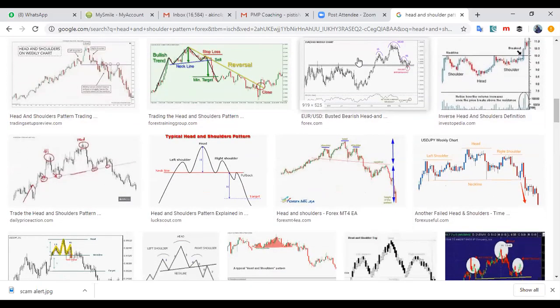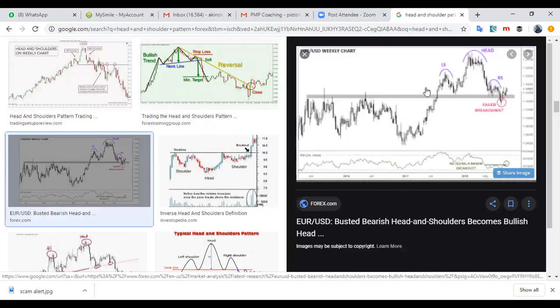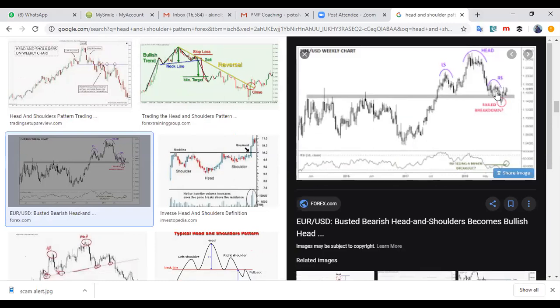Look at this also. Now, this is an established key level. You can see how the market has been tracing from there and then now broken to form a shoulder, came to retest, formed a head, came to retest, formed another shoulder, and then now. So look at this. If you had entered here, you would have been stopped out.